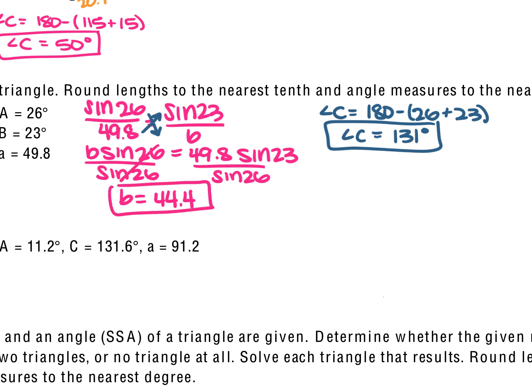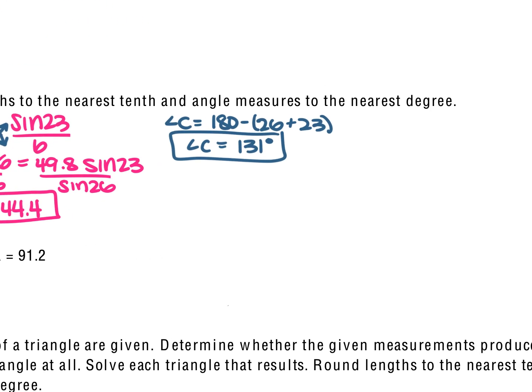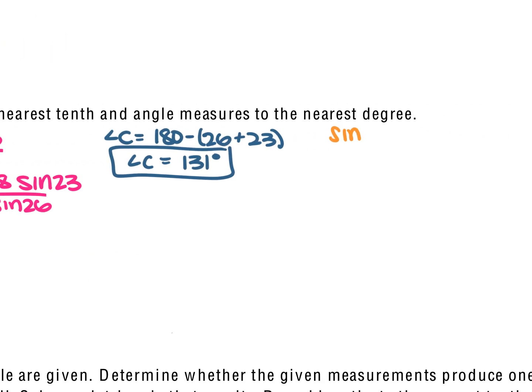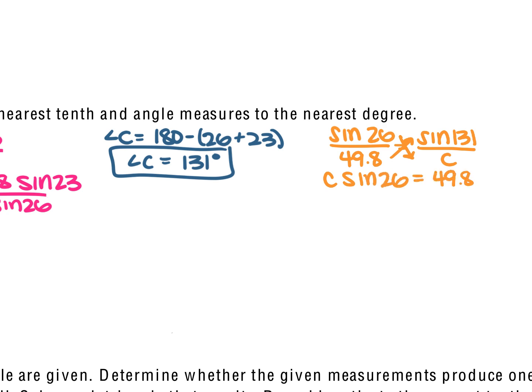So lastly, we find side C. So that's going to give us the sine of angle A, which we said is 26 over side A, which is 49.8, is equal to sine 131 over C. Cross multiply. That's C times the sine of 26 is equal to 49.8 times the sine of 131.